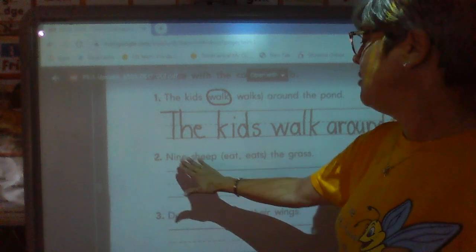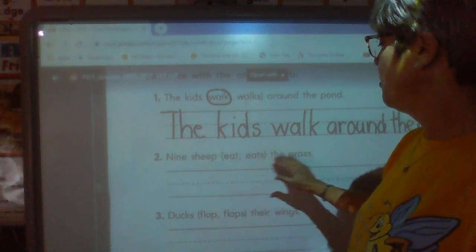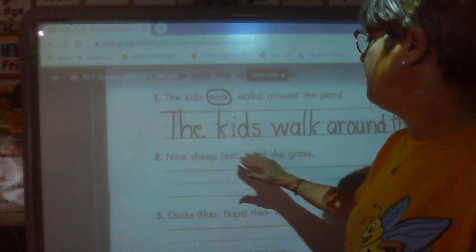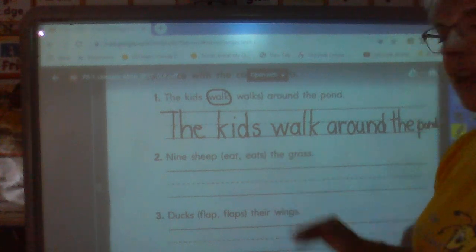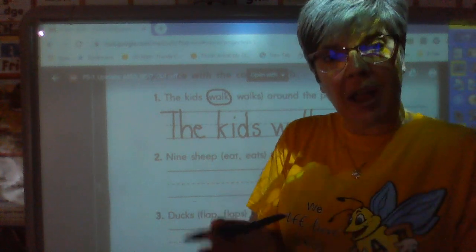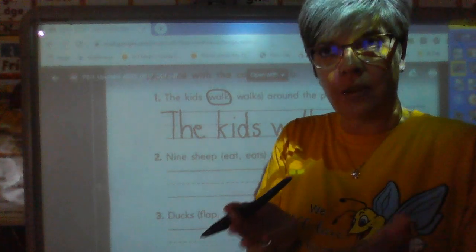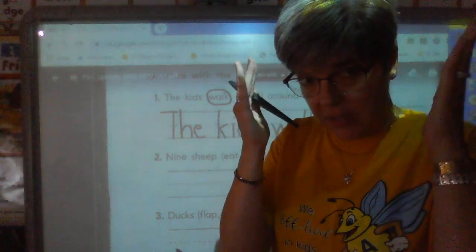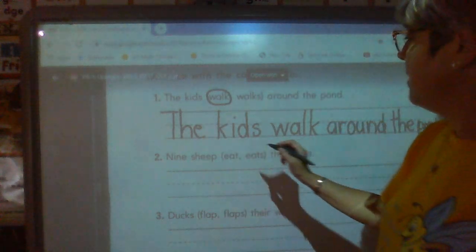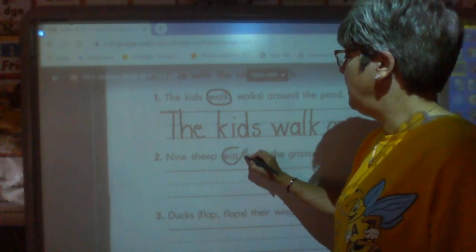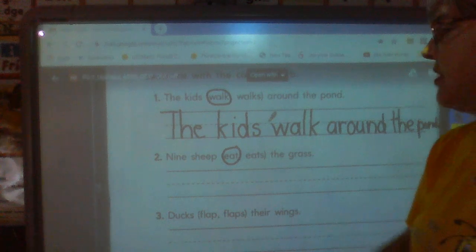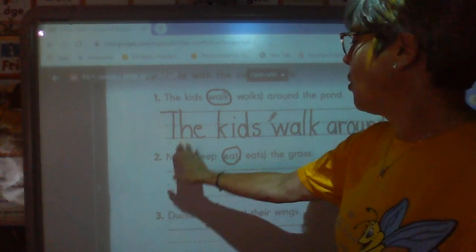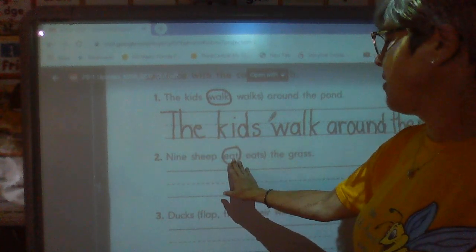So 9 sheep eat the grass, 9 sheep eats the grass. Which one do you think sounds right as you read? Do you hear that one sounds correct and the other one does not sound correct? Sometimes you can hear that difference in your mind as you're reading. 9 sheep eat the grass. This is a group, so our verb does not need a letter S on the end.